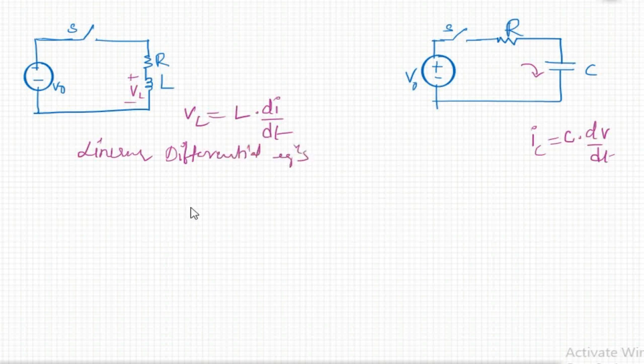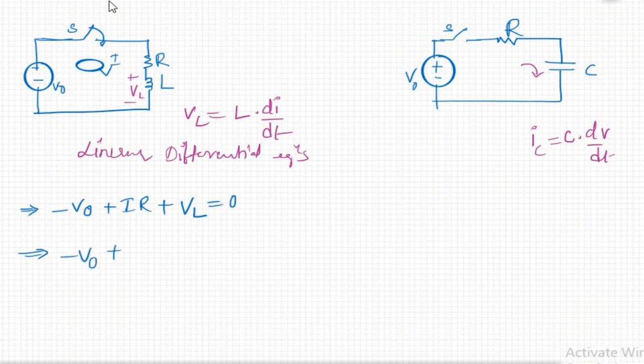If you write a KVL expression in this loop for switch S closed, it becomes minus V naught plus IR, where I is the current flowing through the circuit, plus the voltage across the inductor, which is L into di by dt, equal to 0.